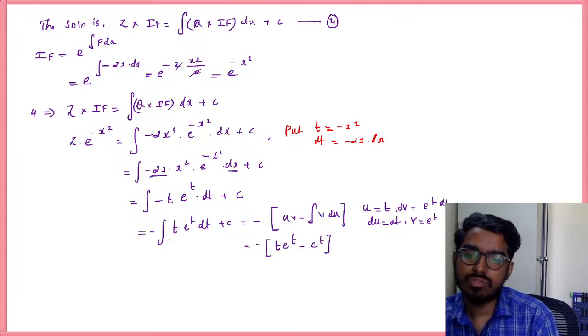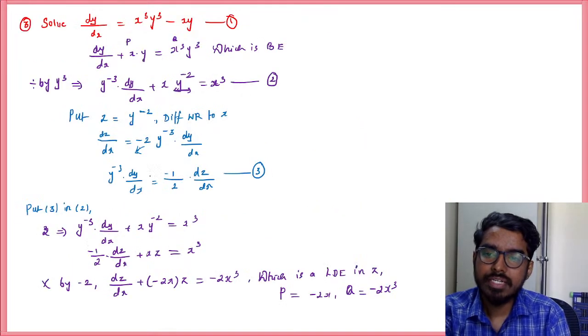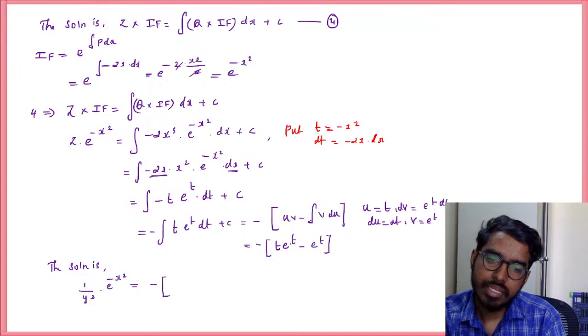Right? Therefore the solution is, now again you replace t is equal to minus x square and z is equal to y power minus 2. You'll get the solution, right? Solution is, here you will have z into e power minus x square. So what is z? Z is y power minus 2. That means 1 by y power 2 e power minus x square is minus t into e power t.